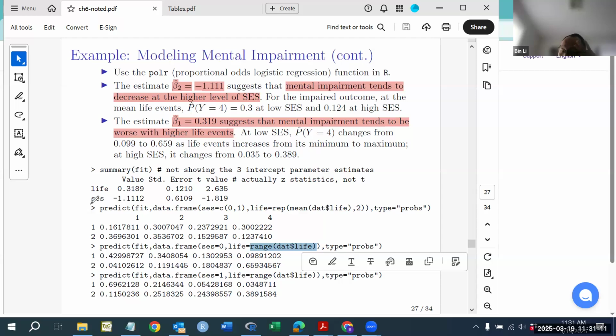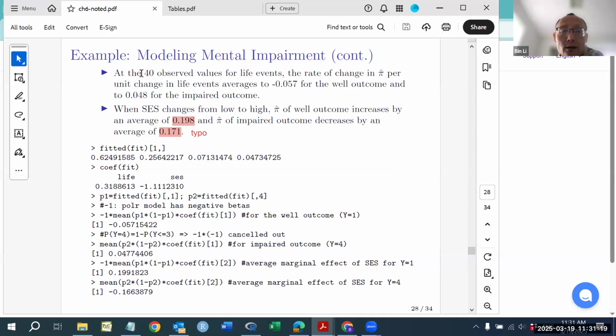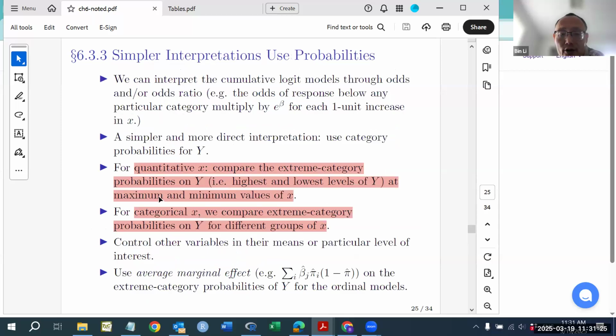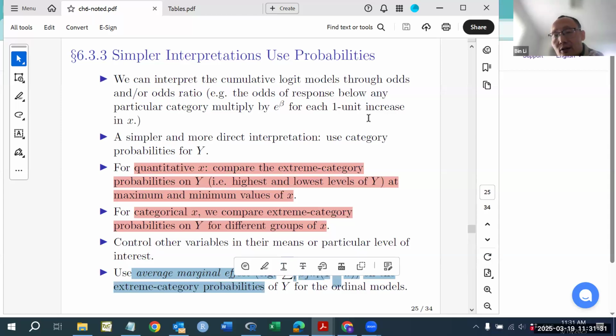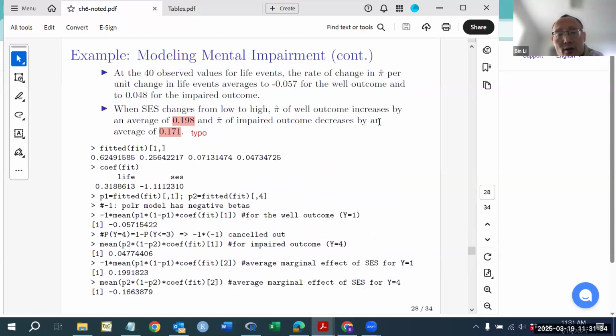Any questions so far? Okay, and this slide is showing you the example to interpret through the average marginal effects. It's self-explanatory, but there's a typo here.